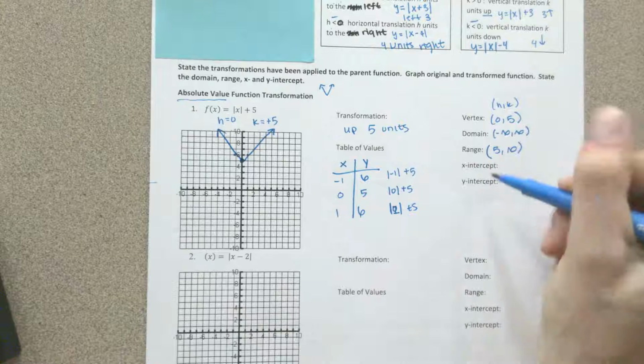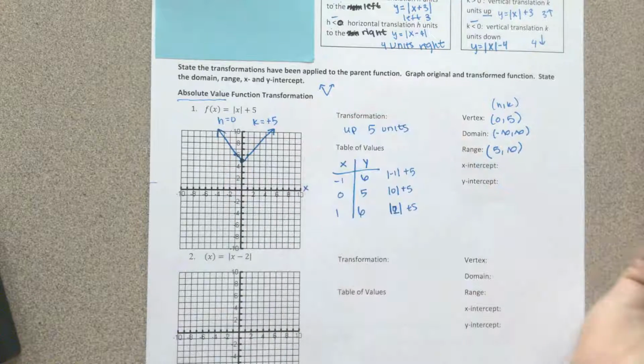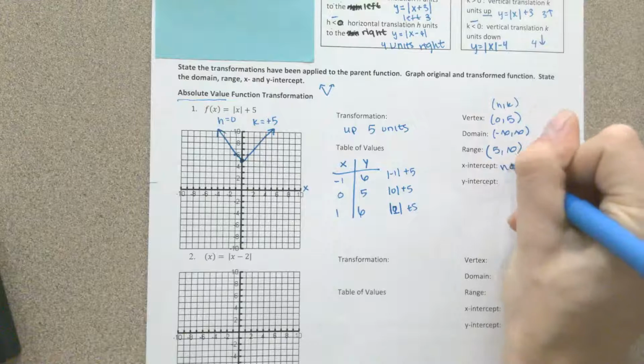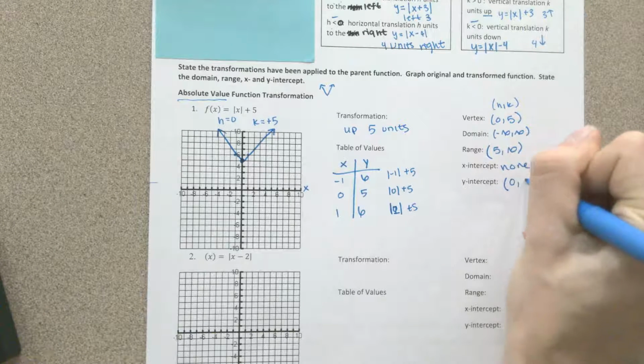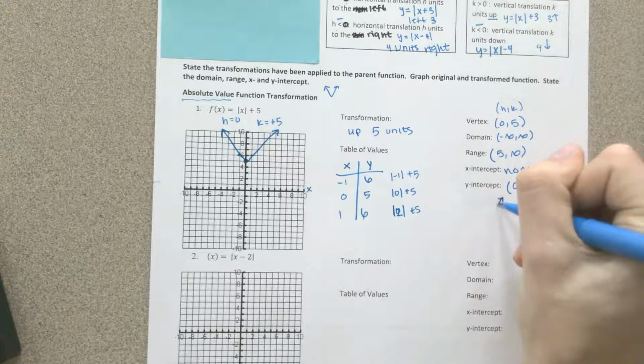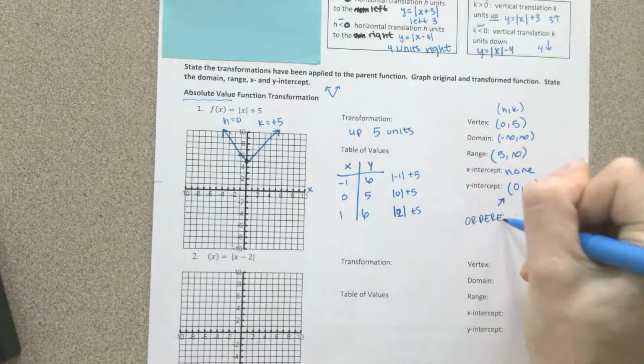Okay. Our x-intercept, it does not intercept our x-axis, so we have none. And our y-intercept is at 0 comma 5. Write this as an ordered pair.